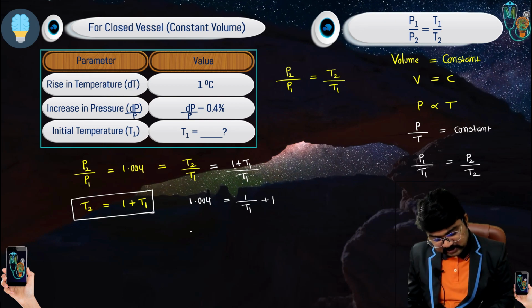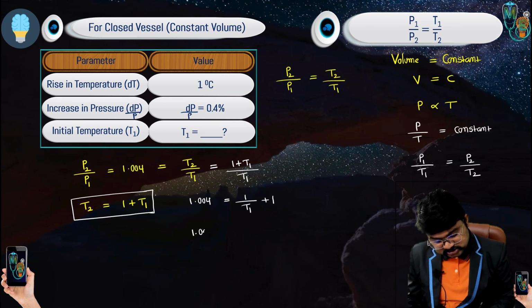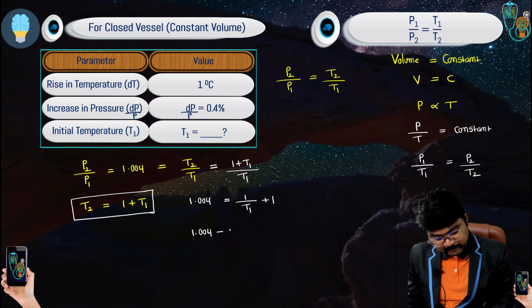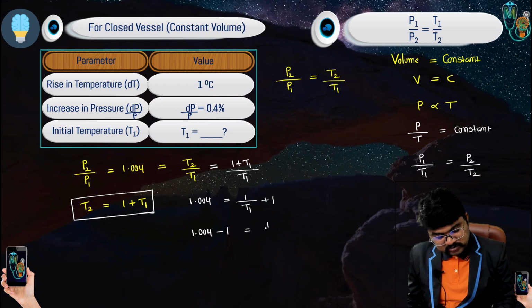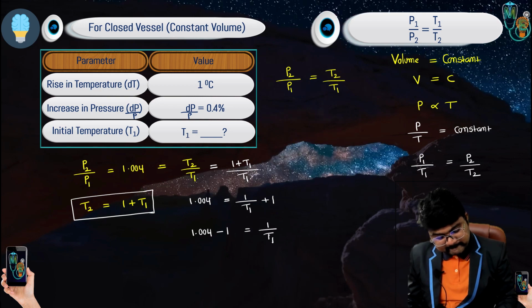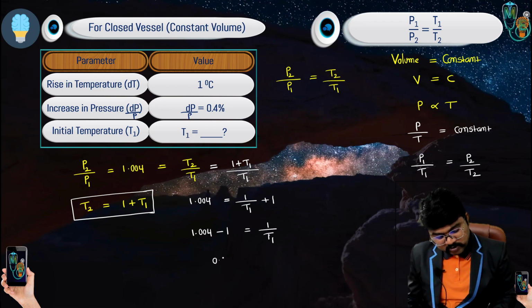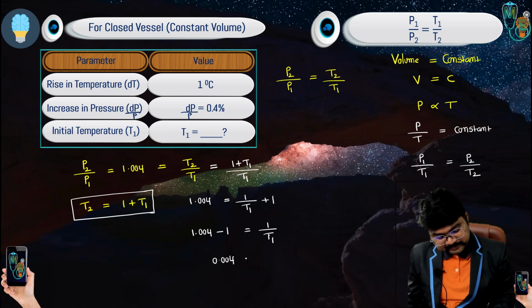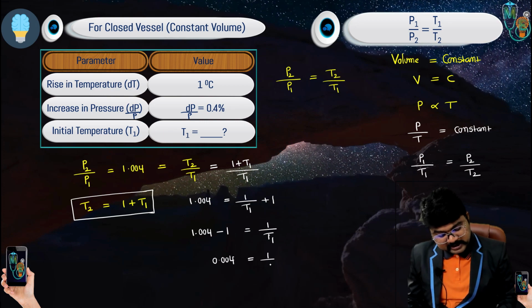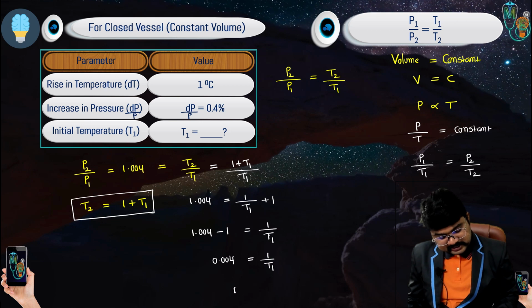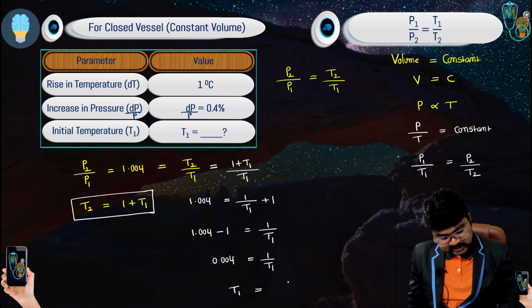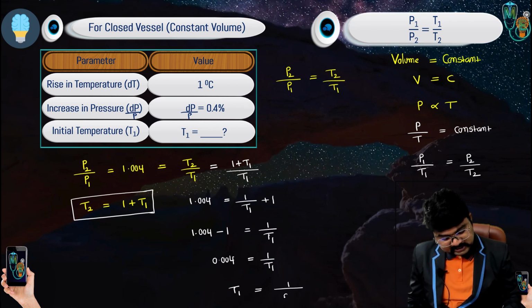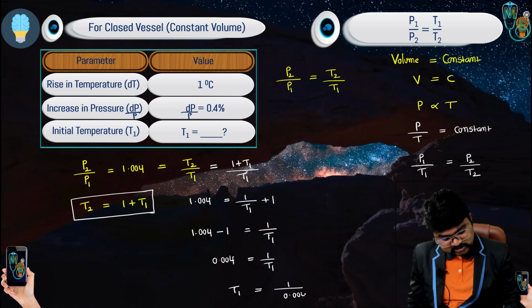Then you will get 1.004 minus 1 equals 1 by T1. So this is 0.004 equals 1 by T1. T1 equals 1 by 0.004.